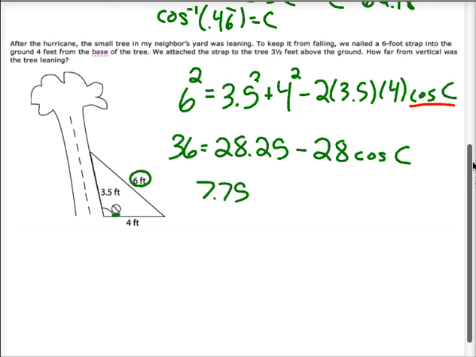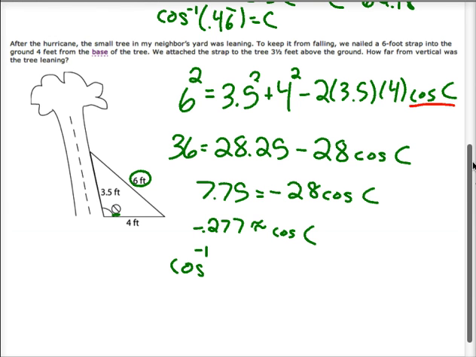So 7.75 equals negative 28 cosine C. Divide by that negative 28. So I get negative 0.277 about, equaling cosine C. And again, now I have to use my inverse trig to get what C equals.